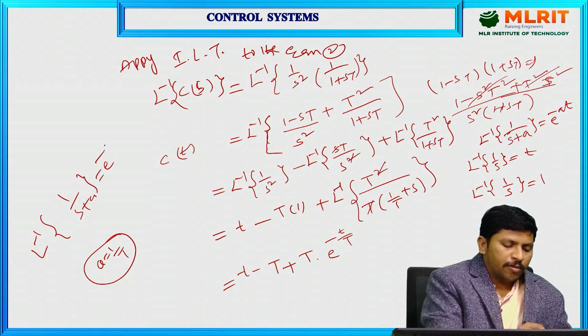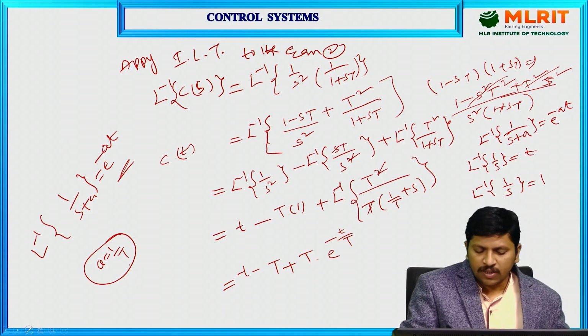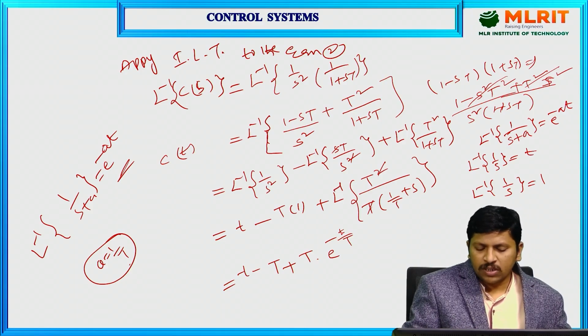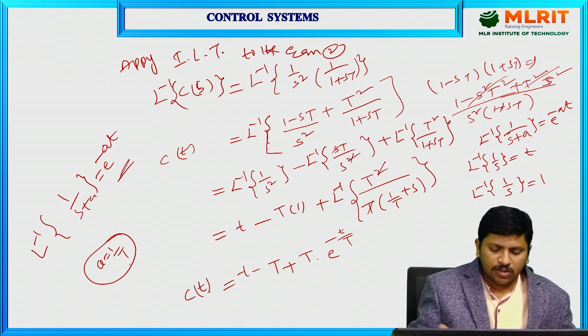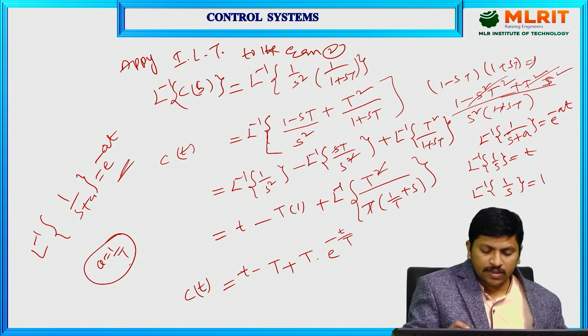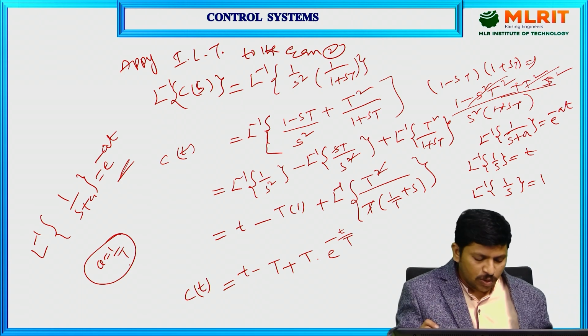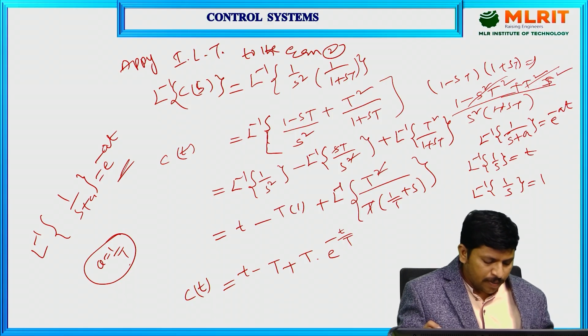So e to the power of minus at, where in place of a we substitute 1 by T, so minus t by T. This is the response: c(t) equals t minus T plus T into e to the power of minus t divided by T.